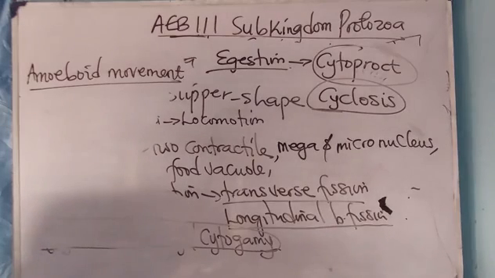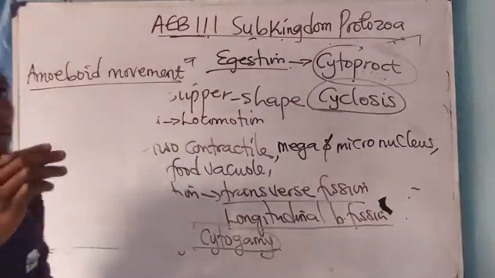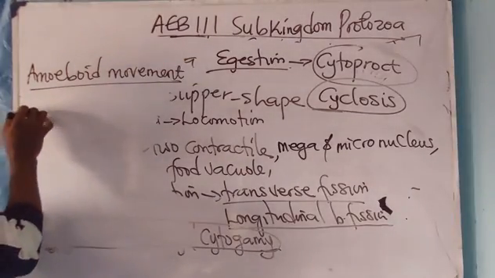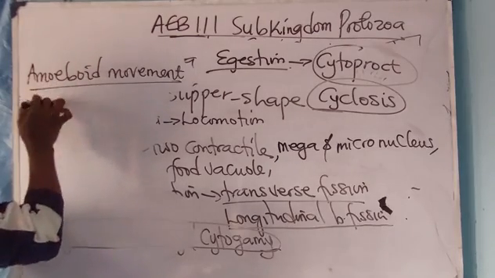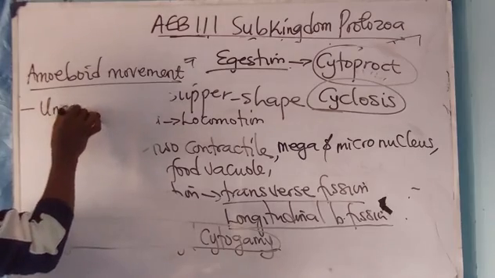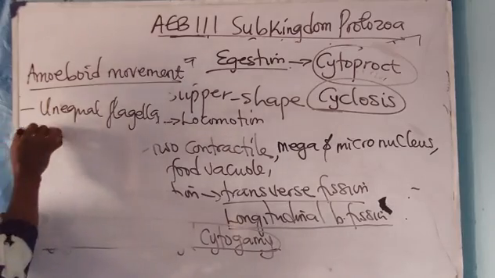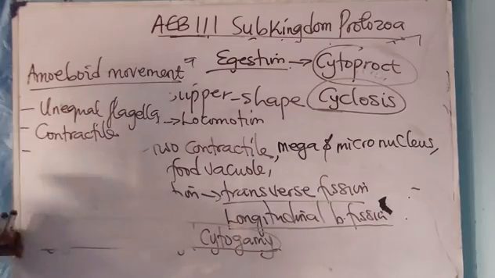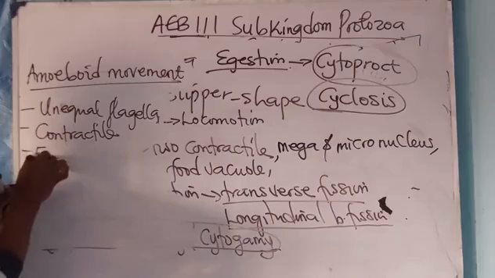Yes, the Euglena is a major representative of the Phytomastigophora, and it has unequal flagella for locomotion. It has a contractile vacuole and possesses eye spots.